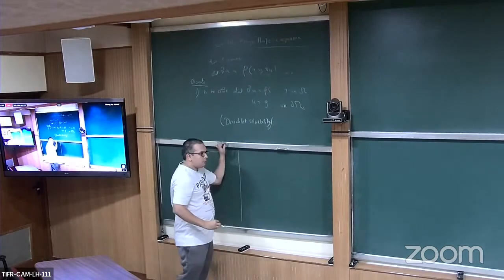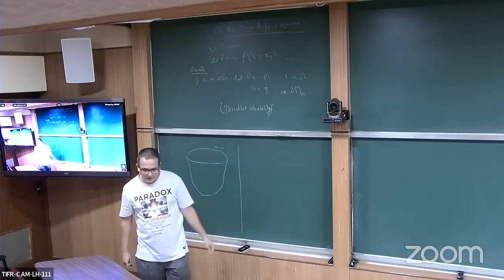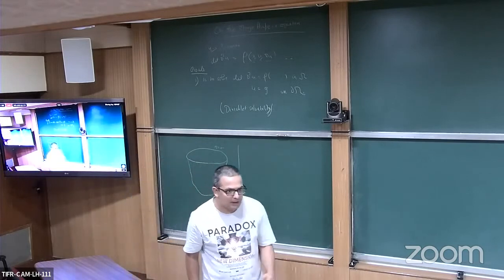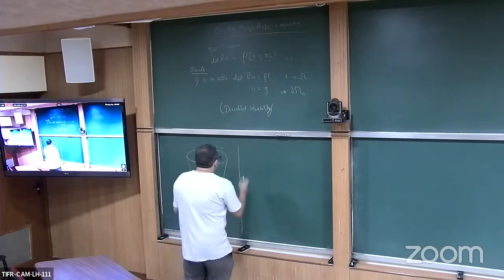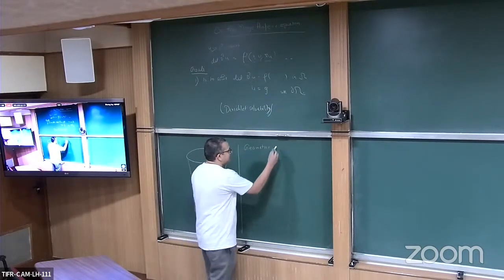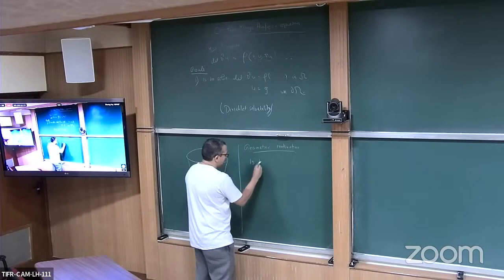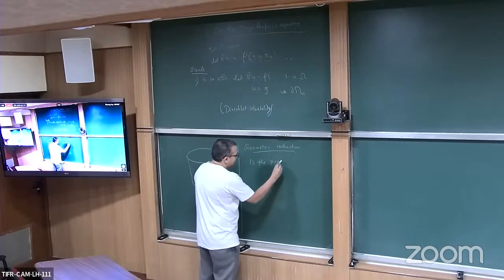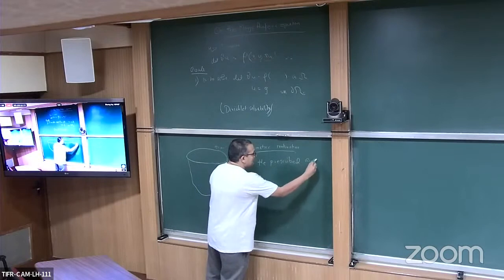So one geometric motivation, besides the fact that it comes from a variational problem that Debabrata mentioned, is the Gaussian curvature.